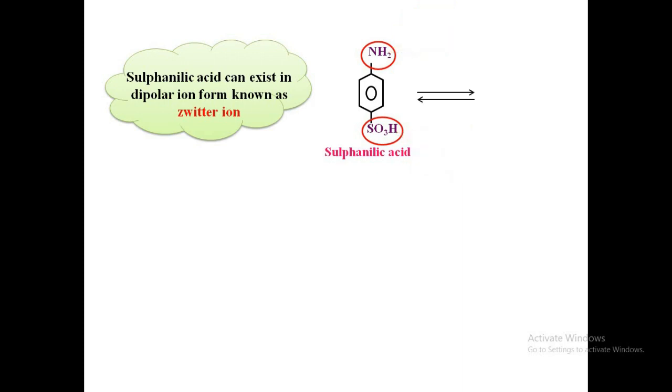Thus, this results in the formation of a Zwitter ion. It also has a dipolar ion. One end is positive, whereas the other is negative, thus called a Zwitter ion.